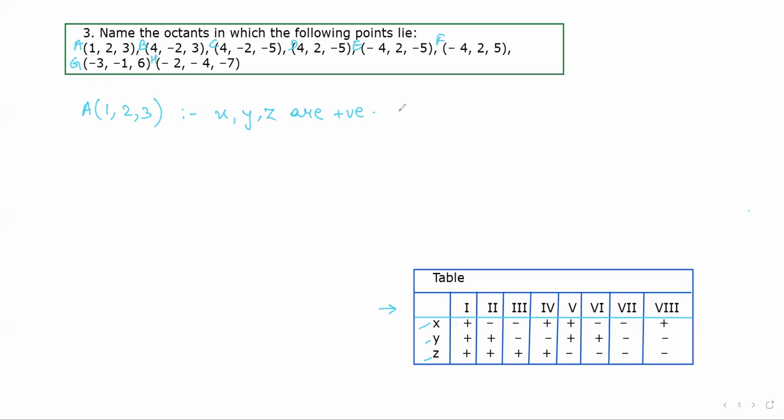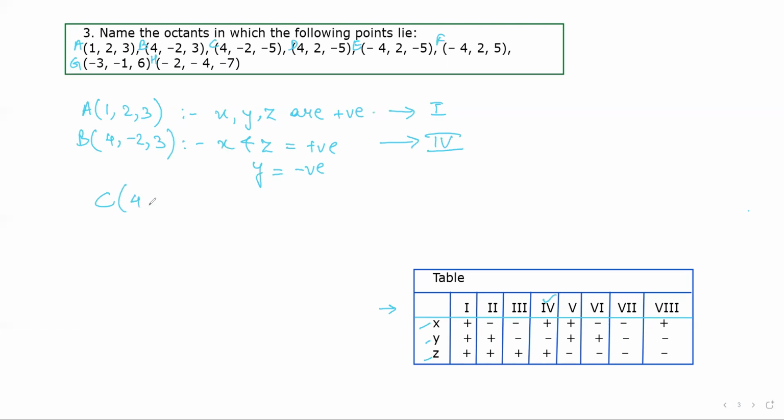So this A point lies in the first octant. B is 4, minus 2, 3. So X and Z are positive and Y is negative. So you have plus, minus, plus, which is your fourth octant. So this lies in the fourth octant.